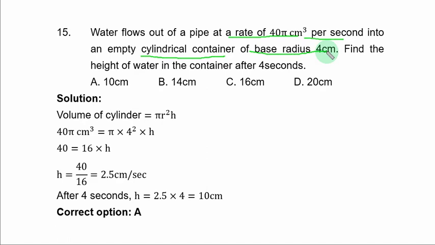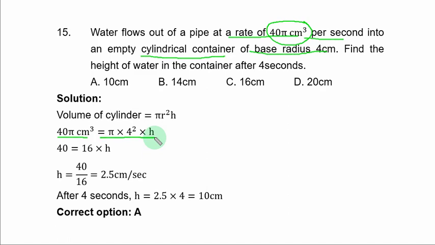So we use the volume of a cylinder to get the height because of what we are given here. The given unit is volume. So the volume is 40 pi cubic centimeters equal to pi times radius 4 squared times the height, which is unknown.